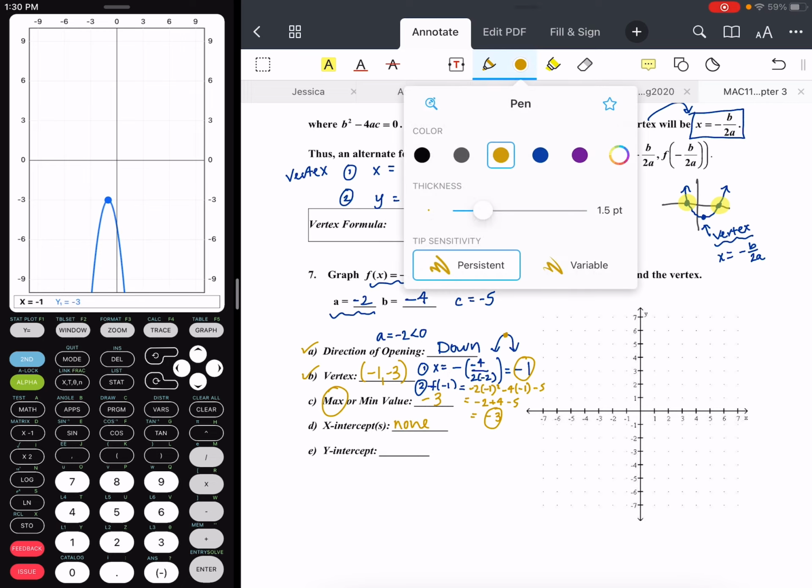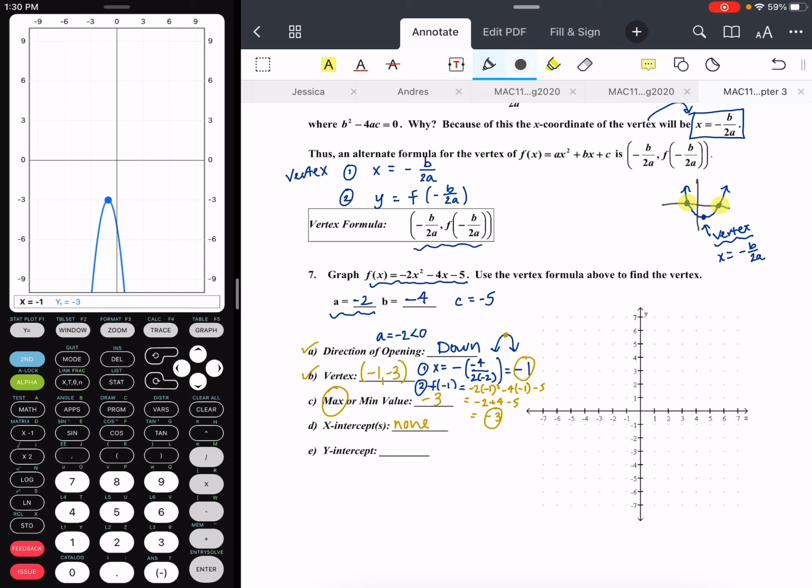But if I want to show my work for that, remember we can set our function equal to 0. So negative 2x squared minus 4x minus 5 equals 0. Solving for x in this form, maybe we would use the quadratic formula, for example. So x equals negative b, which would be positive 4, plus or minus square root of negative 4 squared minus 4 times negative 2 times negative 5, whole thing over 2 times negative 2.